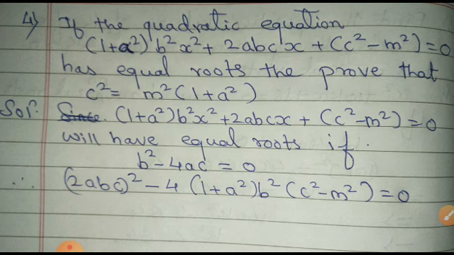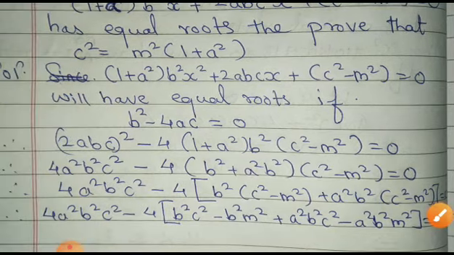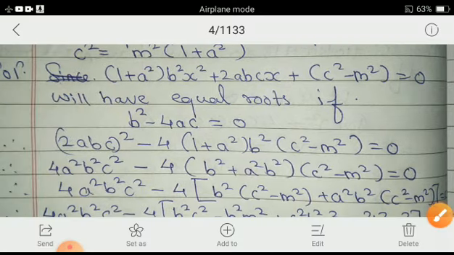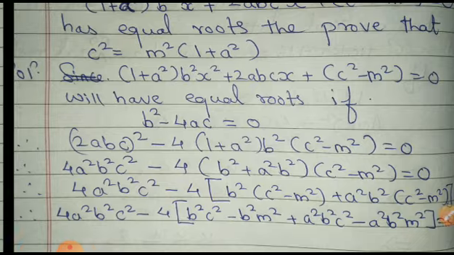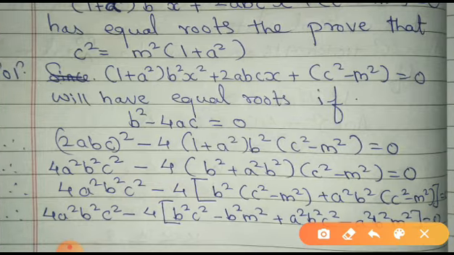And then what to do? Simplify it. So I'll be writing it as (2abc)², which I'll get as 4a²b²c², minus 4 into the substituted values of a and c.